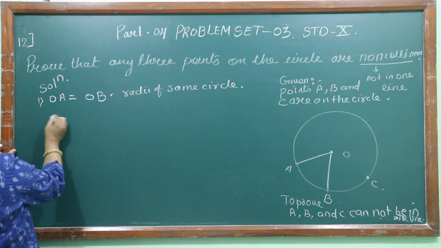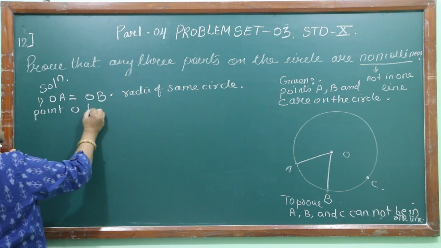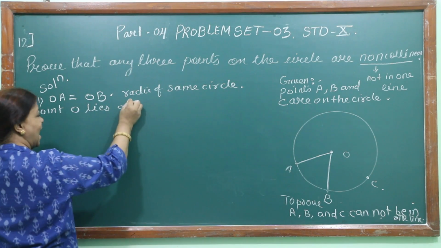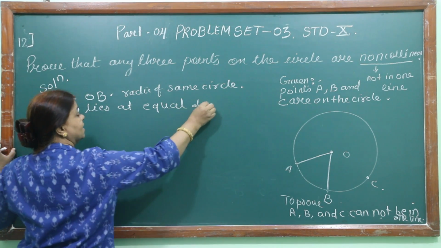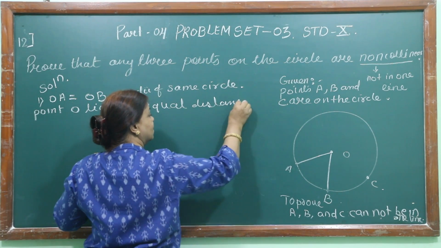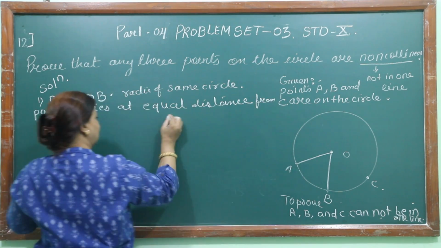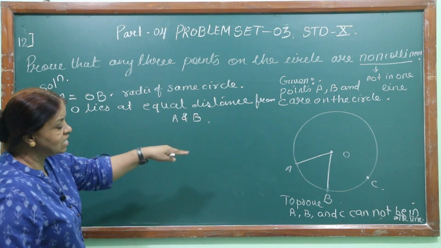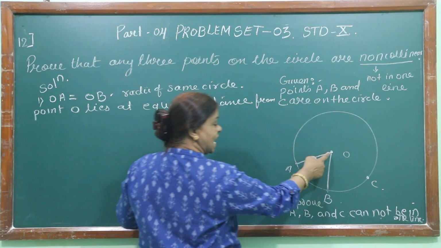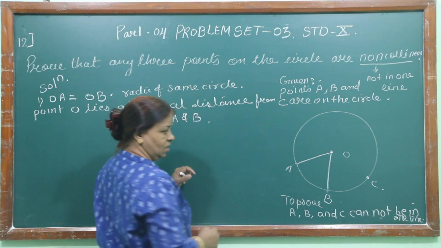That means point O lies at equal distance from A and B.